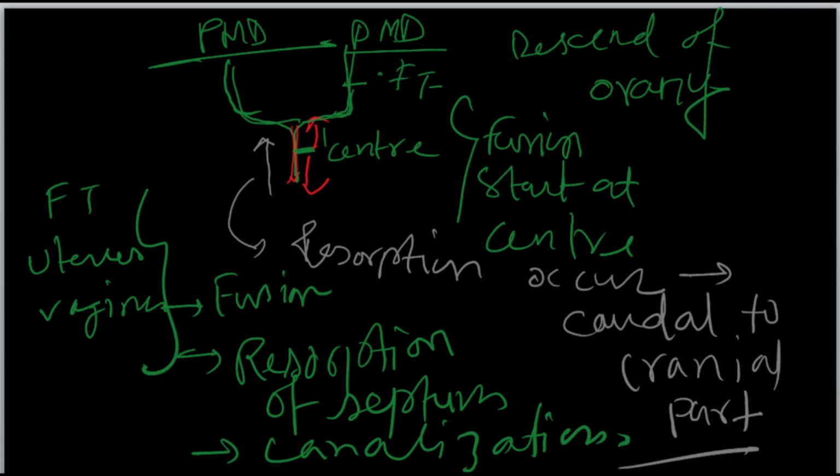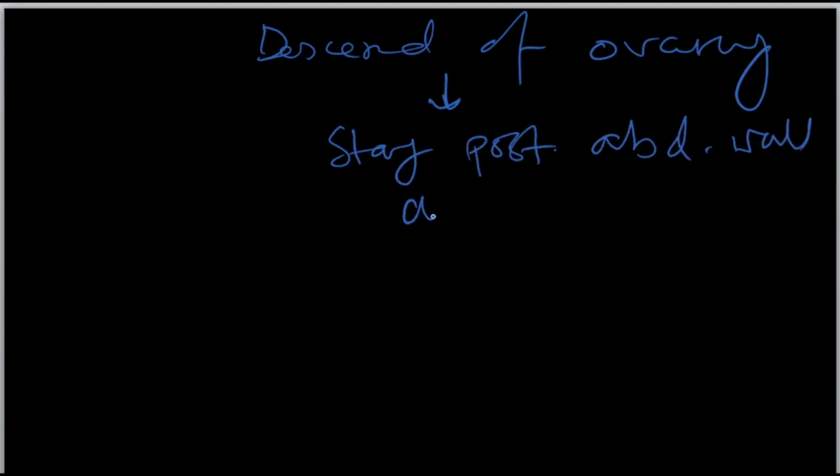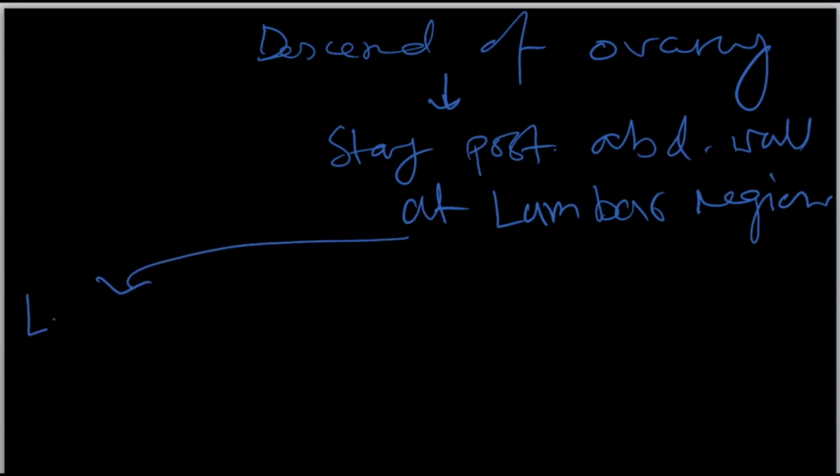Okay, next, descent of the ovary. The indifferent gonad is staying at the posterior abdominal wall at the lumbar region. After formation of ovary, it needs to descend from lumbar region to pelvic region.